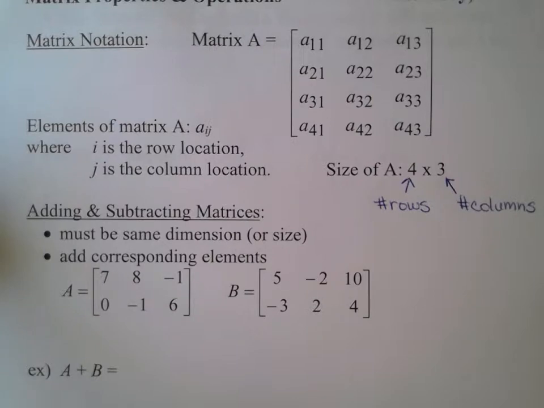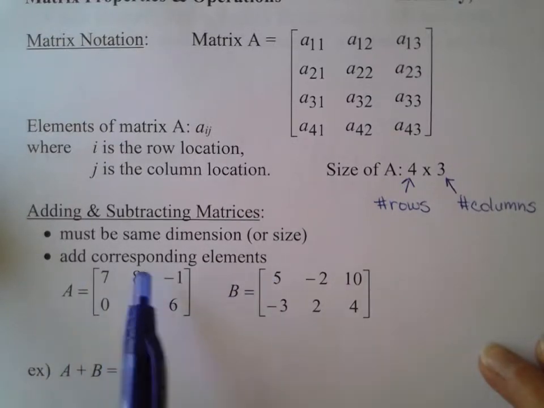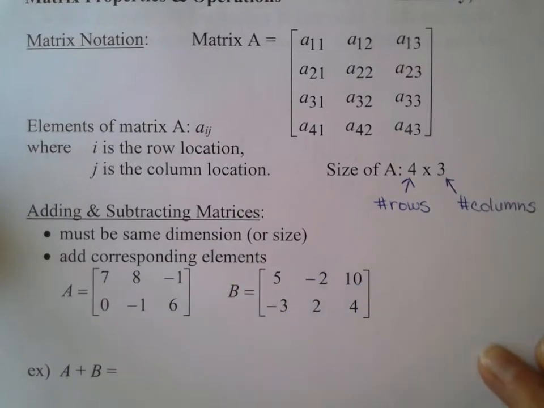Okay, adding and subtracting matrices together. To add or subtract them, they must be the same dimension or the same size because we're just going to add the corresponding elements. So for the first row, we're going to add the first element plus the second element plus the third element, okay?